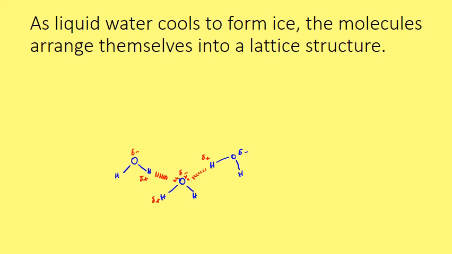That's going to make another bond. Here, what I'm trying to do is show you how you might get a hexagonal lattice structure. So if you bear with me. There's our lone pair there. We have delta positive. This one's delta positive.